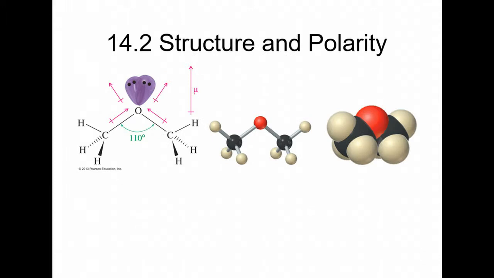Section 14.2 talks a lot about the structure of ethers. Ethers are polar because you do have a bent shape to them. You have the two lone pairs and this bent shape.